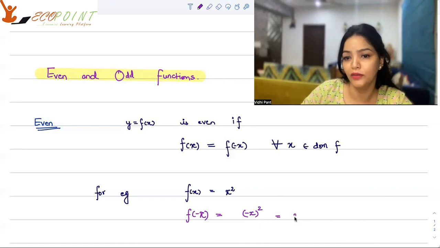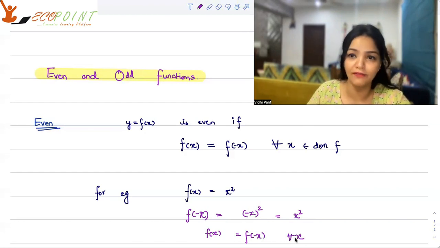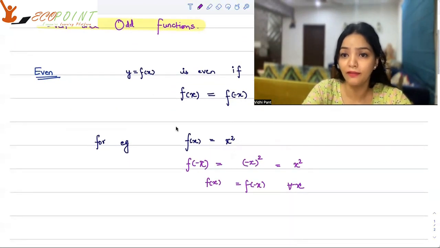When you square it, you get the same value, x squared. So f(x) is equal to f(-x), and it's going to happen for every x in the domain because I've taken a general case here.